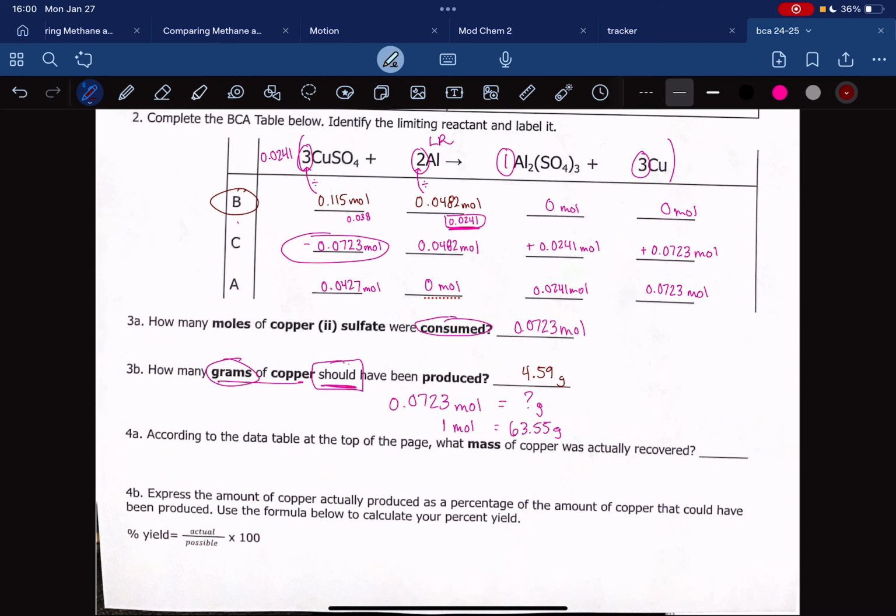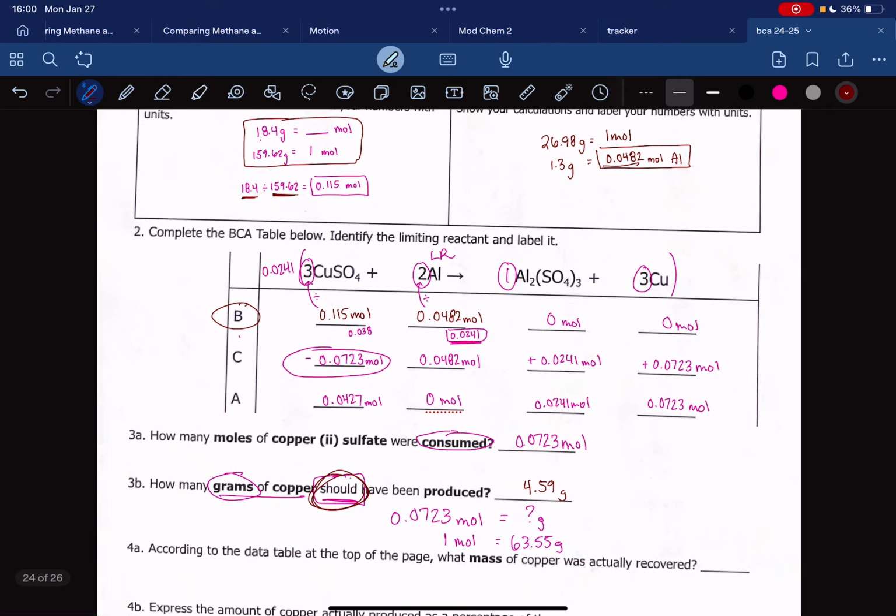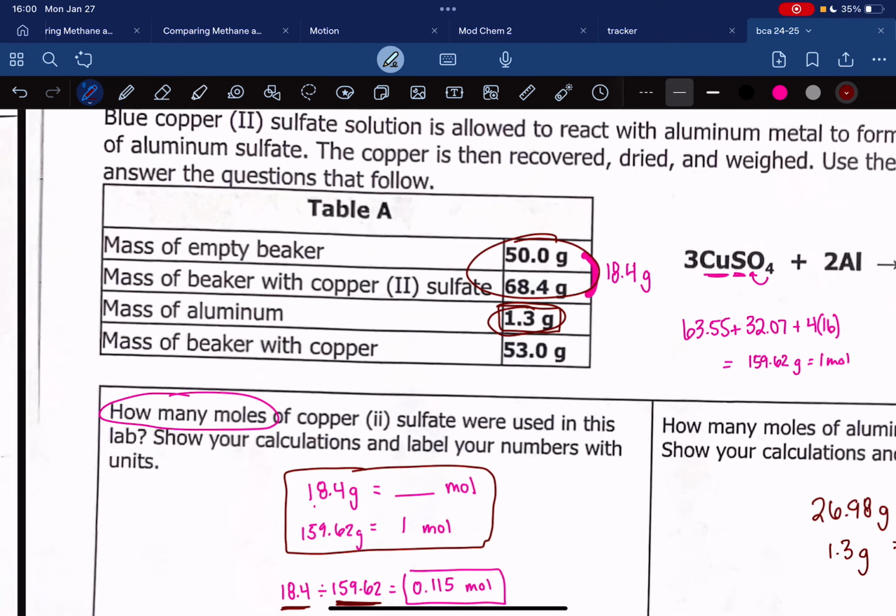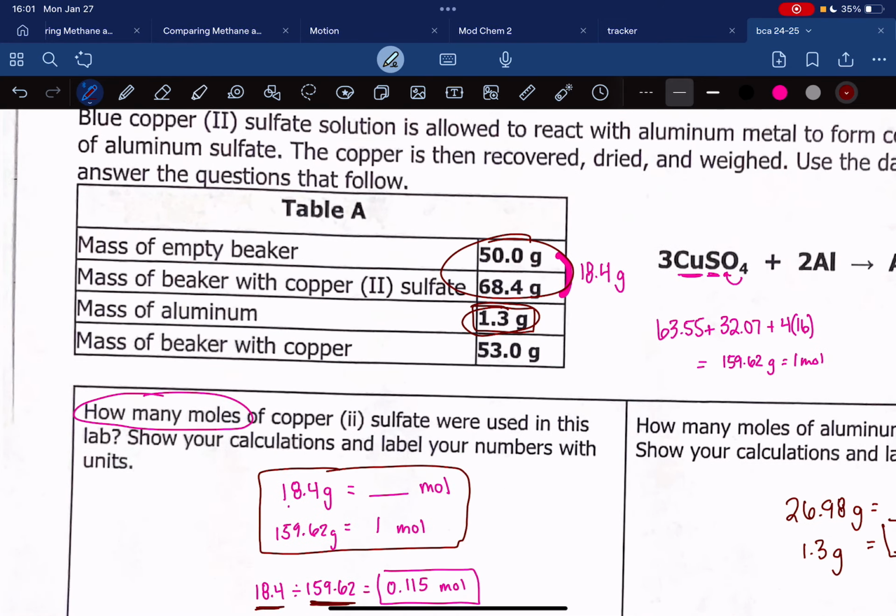All right, now remember, that is how much copper should have been produced, but for a variety of reasons, maybe we end up making a little bit less than that, or maybe a little bit more than that. Let's check. Okay, so from our data table, it seems pretty clear that if we have an empty beaker that weighs 50 grams and a beaker with copper in it weighs 53 grams, how much copper do we have?